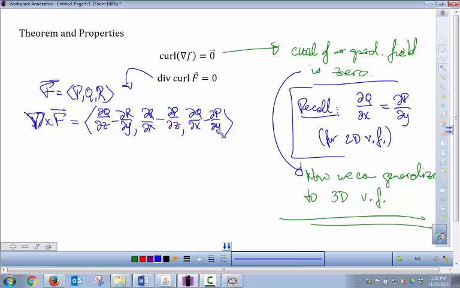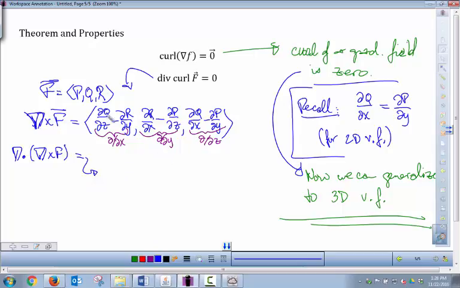Now I want to take the div of this, which means I have to take the derivative of this thing with respect to x, d dx, d dy, d dz, and then add it all up.